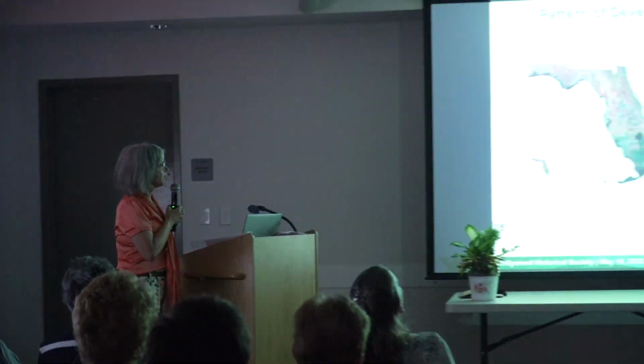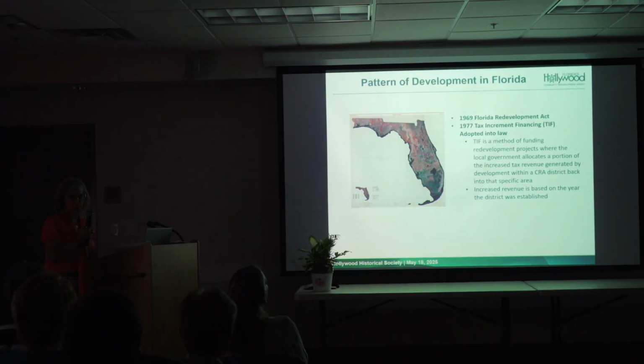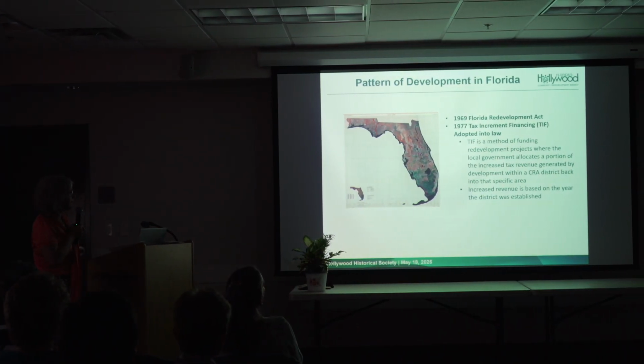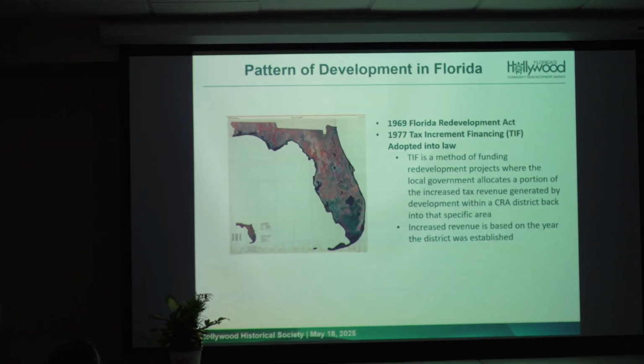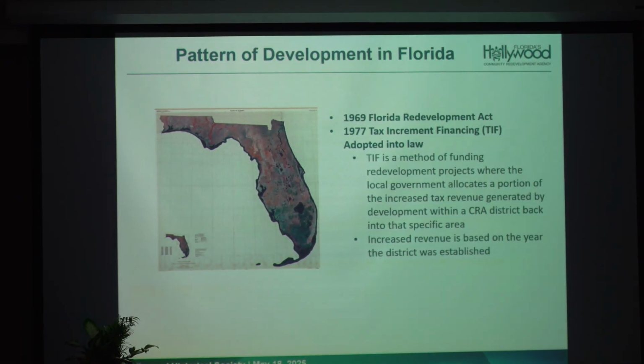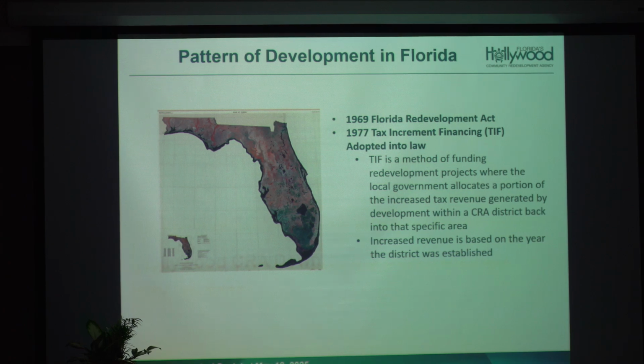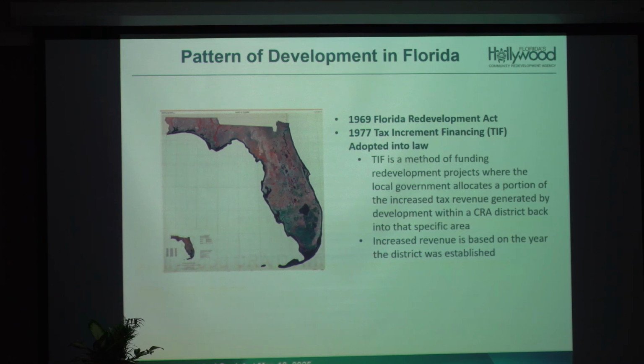In 1969, the Florida Redevelopment Act was passed, and then in 1977, tax increment financing, which is also known as TIF, another acronym, was adopted into law. So you hear the acronym TIF used quite often when people discuss CRAs.